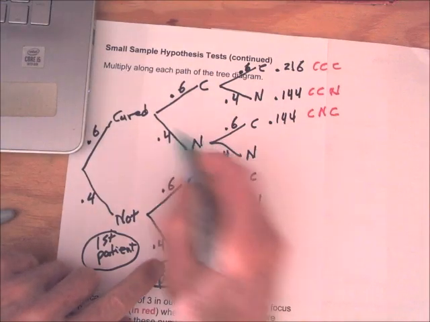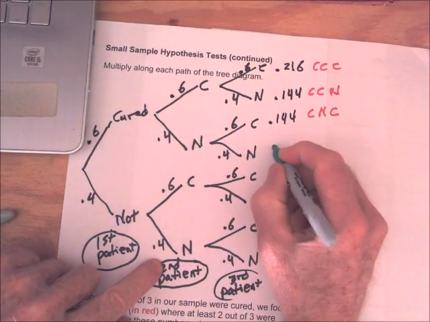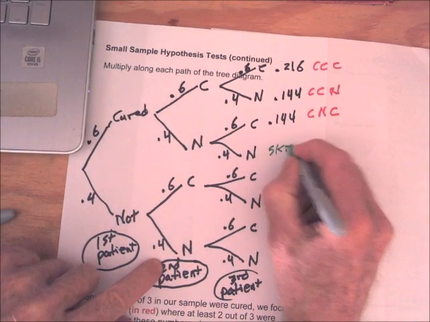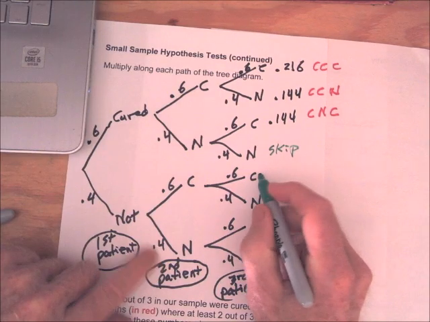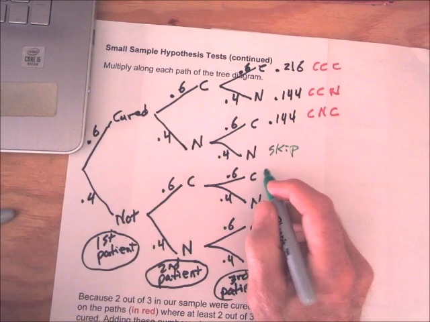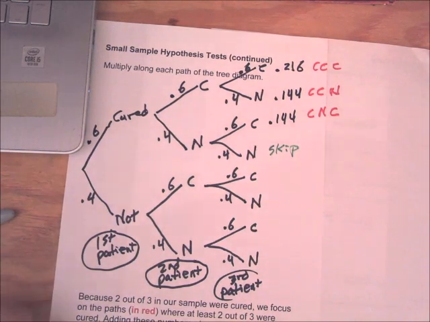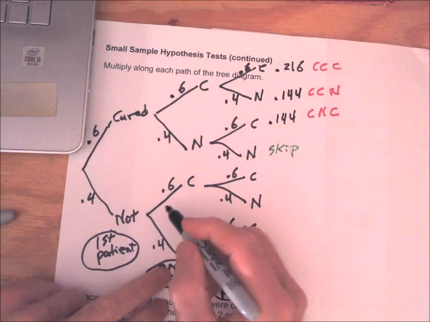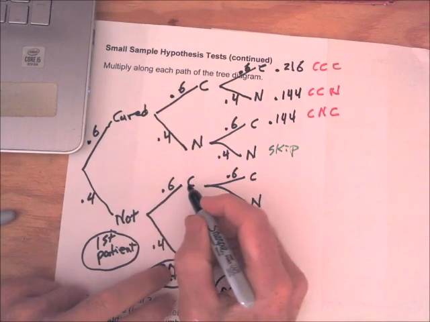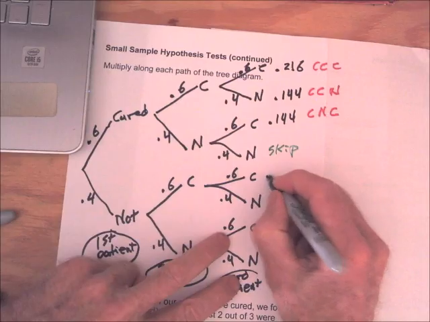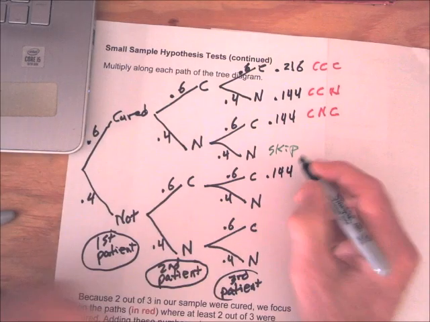So this path here we have cured, not. We can skip that path because we only really need the paths where at least 2 of the 3 were cured. Next path we have not, cured, cured: 0.4 times 0.6 times 0.6, 0.144.